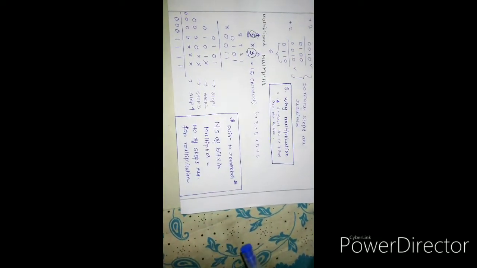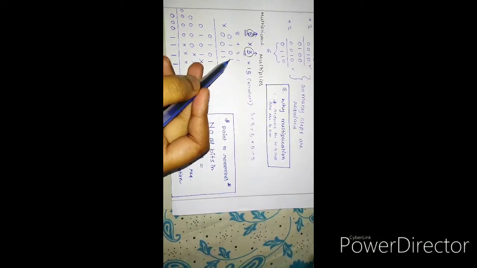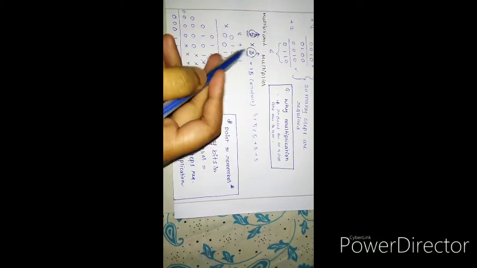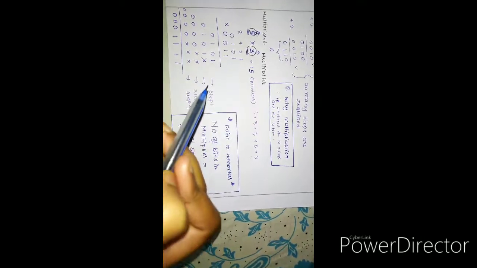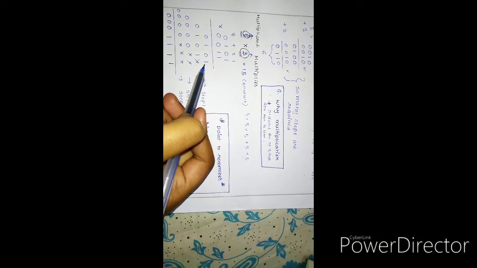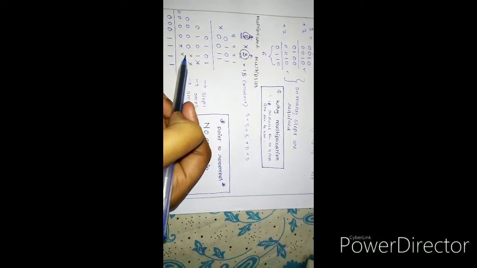Now 5 cross 3: 5 can be represented with the help of 4 bits, 1 0 1 0, and 3 is 1 1 0 0. I think we all remember that we used to do these kinds of multiplications when we went to school. It is super easy, and it works the same way in binary too.